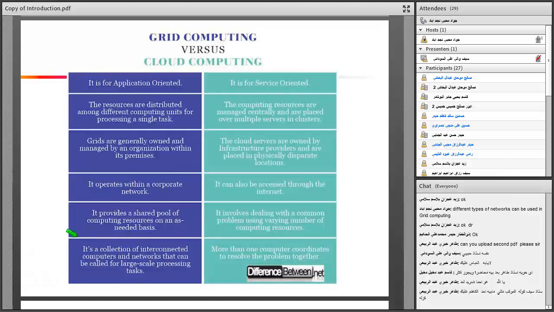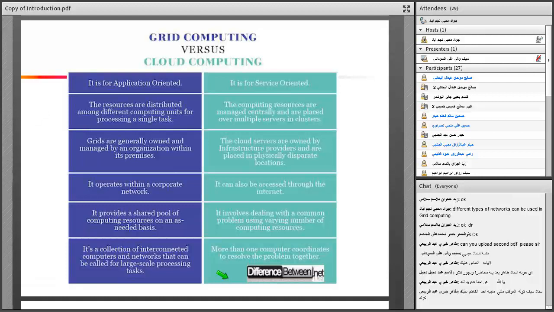The grid computing provides a shared pool of computer resources on an as-needed basis, and the cloud computing involves dealing with a common problem using a varying number of computer resources. And finally, the grid is a collection of interconnected computers and networks that can be called for large-scale processing tasks.